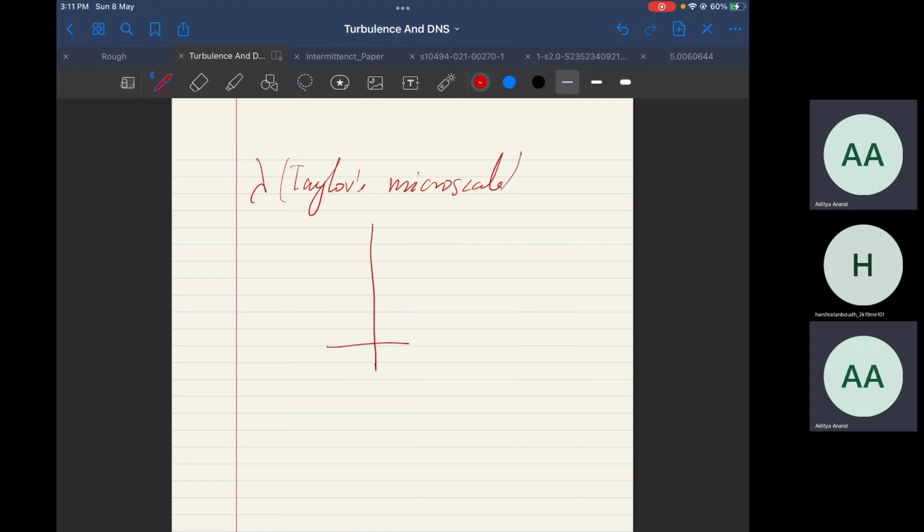So if you plot the autocorrelation curve, if you remember what the autocorrelation curve was, it's u prime of x times u prime of x plus r, divided by u prime squared. Okay, so this is 1 when r is 0, and it has some functional form, and it drops to 0 as r increases.